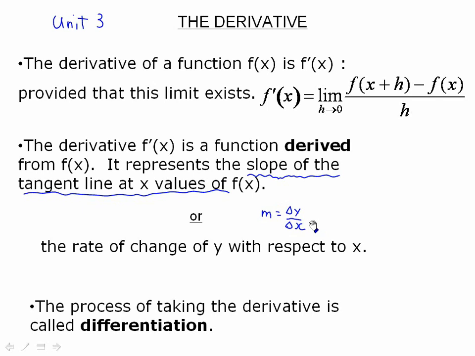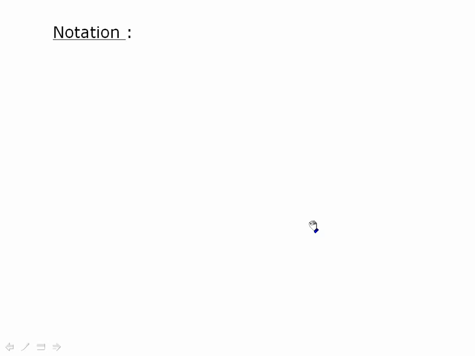Now the notation, very important. And you're going to see variations of it. The first thing that we've seen, f prime at x and y prime, very simple. And they do represent the derivative, and we will use them where it's appropriate. So what's going to happen when you're dealing with notation is you're going to have to make decisions on what type of notation you want to use and when. Very important.